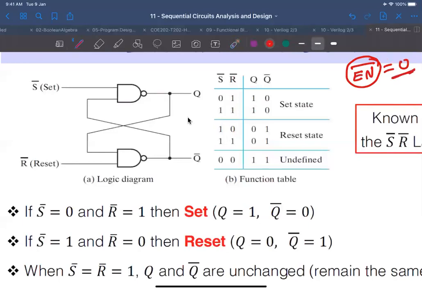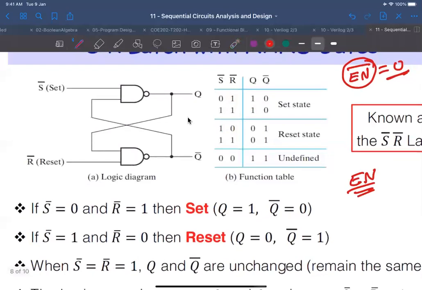So I'm activating this component when enable complement is 0. However, if I give you enable without a complement, then this is an active high signal. This is why we have the bars on top of S complement and R complement. You get that? Yes, thank you.